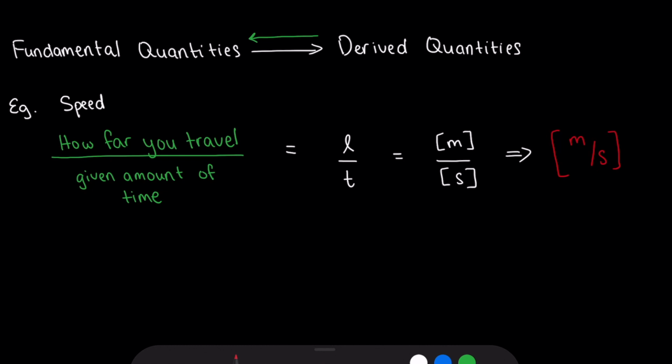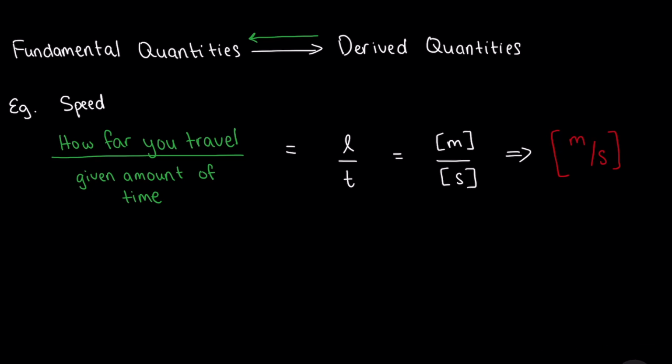We start with our building blocks, our fundamental quantities, and we get something more complicated. So let's look at some other more complicated examples. You might hear of acceleration, you might hear of force. Acceleration is the change in speed over time.